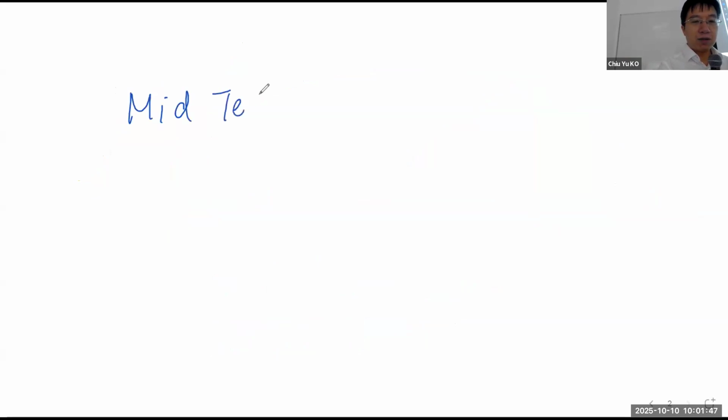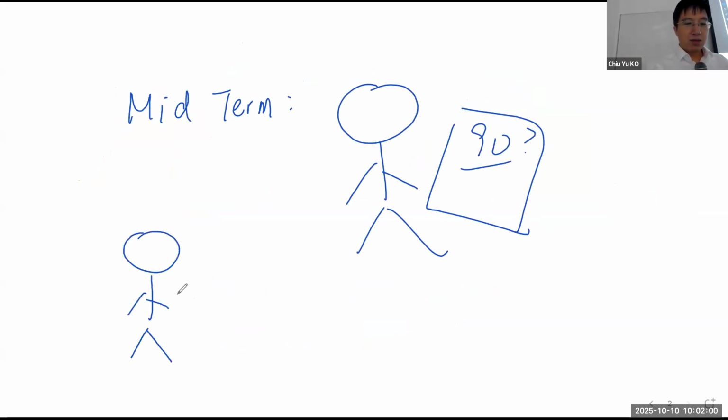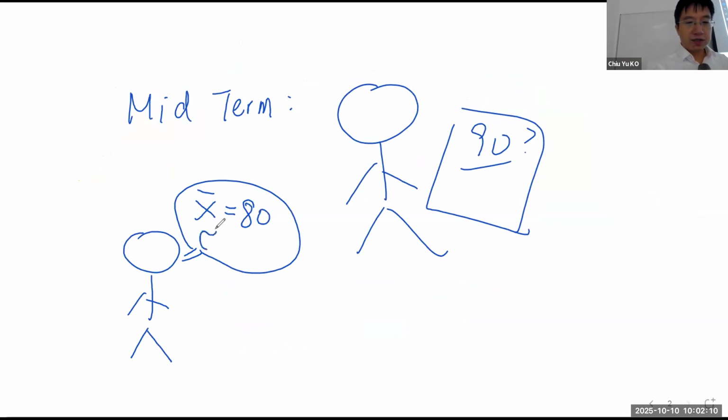Midterm, all right? So you have 90. Is it good or bad? That's the question. And the professor said the mean of the class, X bar, is 80. The standard deviation SD is 5.